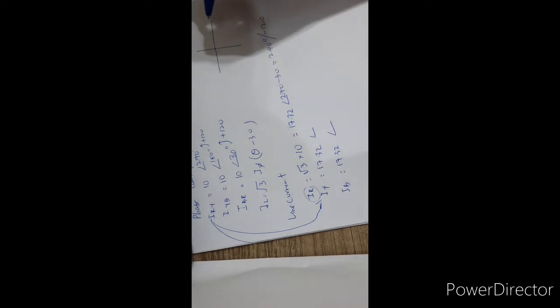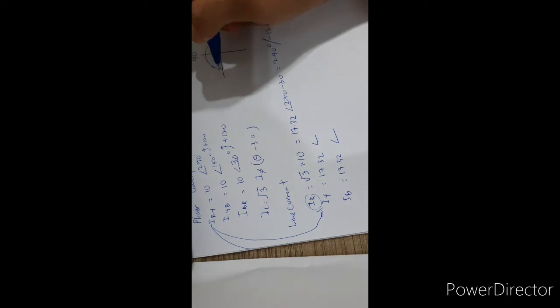If you refer to the slide, the answer is negative 120, because as I mentioned earlier, this is 0 degree. If we read anti-clockwise, this is 90, this is 180, this is 270, this is 360.